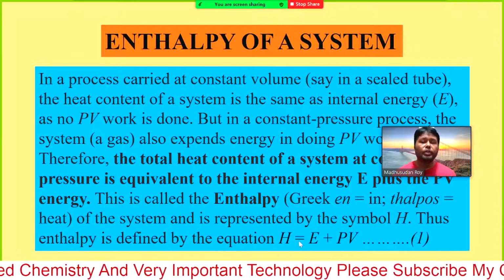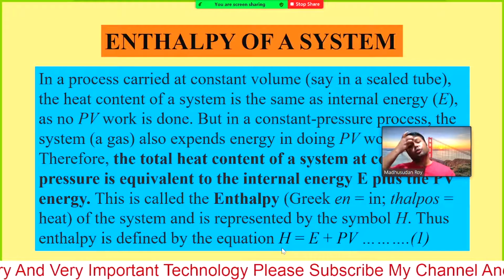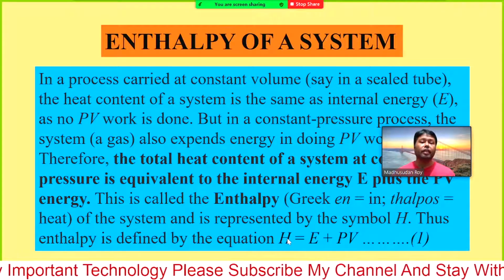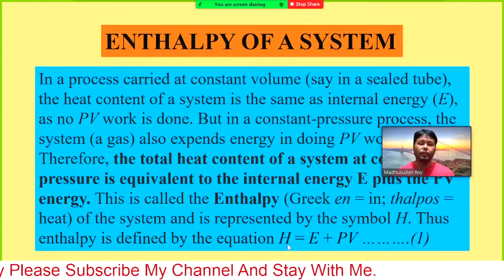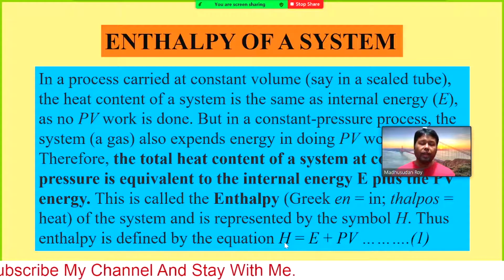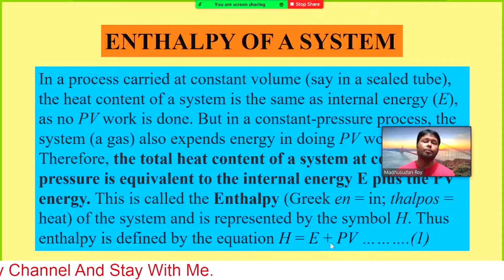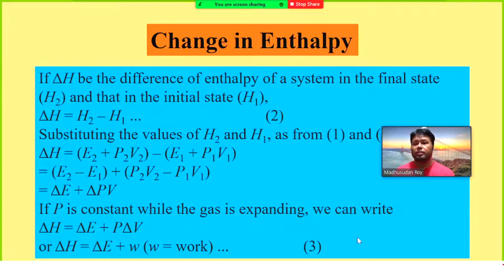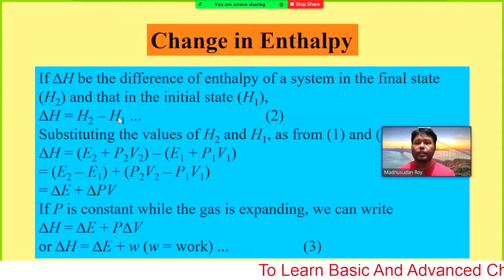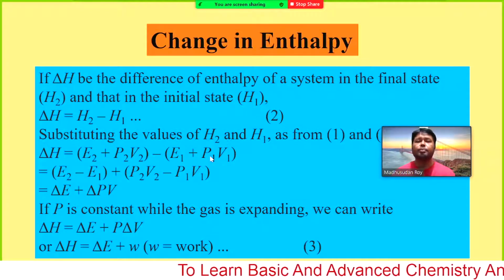So if we consider the initial enthalpy for a system H1, then we can write H1 equal E1 plus P1V1. So for delta H, first consider H1 equal E1 plus P1V1.